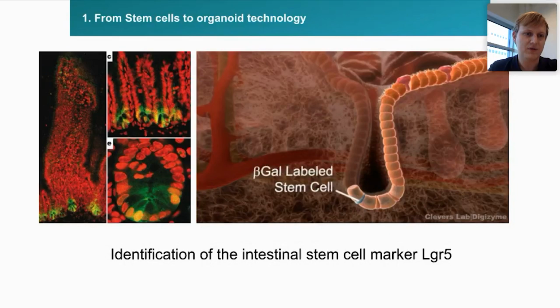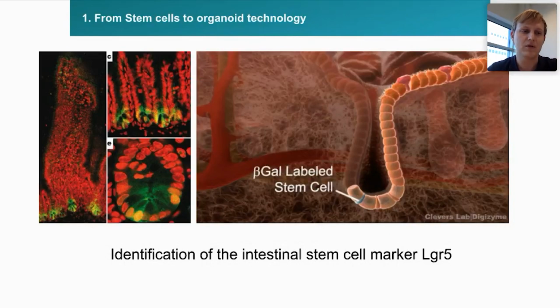In this picture, what you see is a region that is called the crypt region, and these very long villi that line the intestinal epithelium, the inside of the gut.